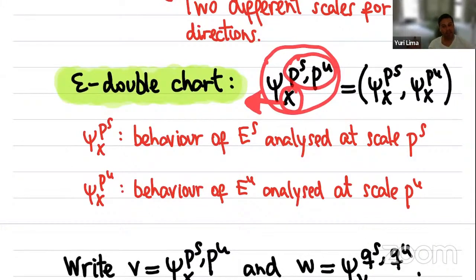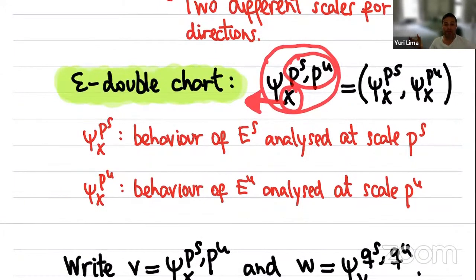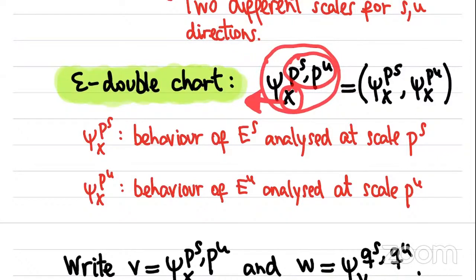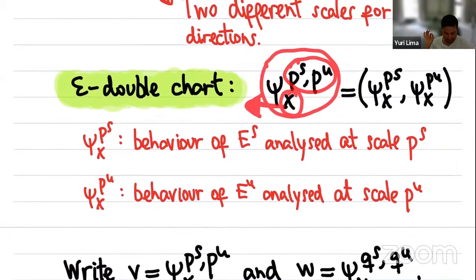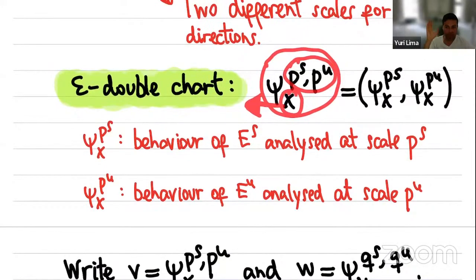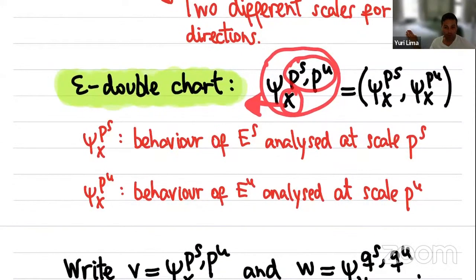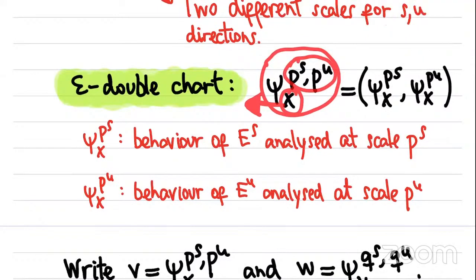They are the intrinsically defined parameters for the point. But because we are going to have to make some approximations, perhaps we might not be able to take QS of X and QU of X as the scales, and we need to change them a little bit. So you have two parameters for your chart. I have two candidates for these parameters, but since I need to pass from actual orbits to pseudo orbits, I need to make approximations of these parameters. Good. Okay, thanks.